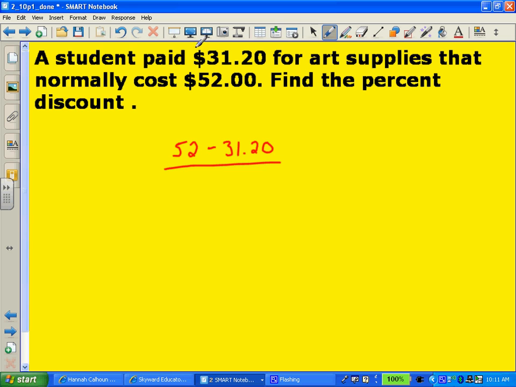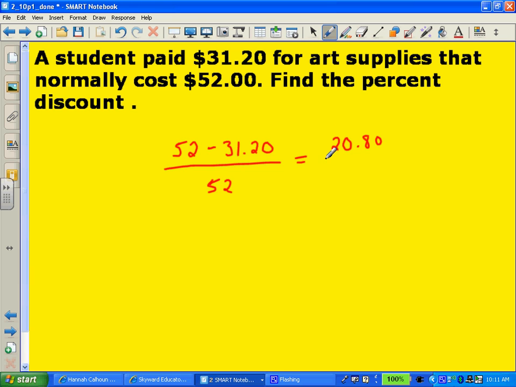Now what's the original number? Well, they paid $31.20 for art supplies that normally cost $52. So 52 is what the cost originally was. They got discounted to $31.20. So 52 is going to be what we divide by. So we do 52 minus 31.20, and that gives us $20.80.